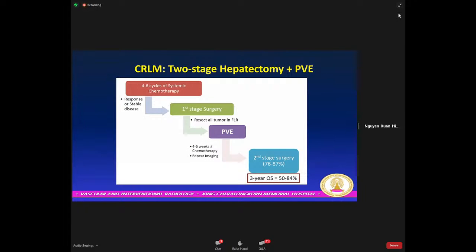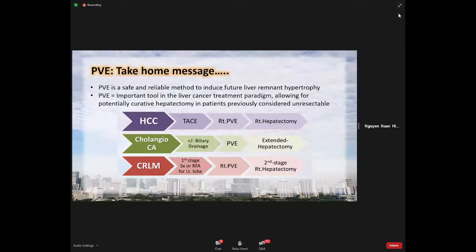This treatment paradigm can offer long-term survival benefit in patients who are initially considered unresectable, but not all the patients with intention to treat have followed the steps through the second stage. In conclusion, PVE is a safe and reliable method to induce FLR hypertrophy.